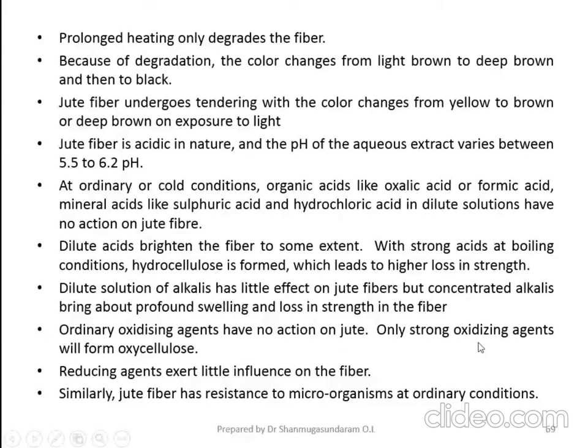Only strong oxidizing agents will form oxycellulose. So once it forms oxycellulose, again it will lead to loss in tensile strength. Reducing agents exert little influence on the fiber. Similarly, jute fiber is resistant to microorganisms at ordinary conditions.